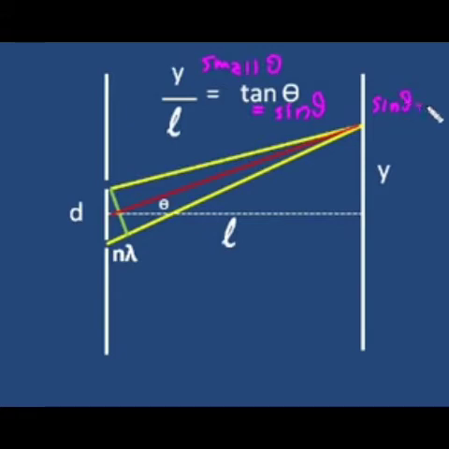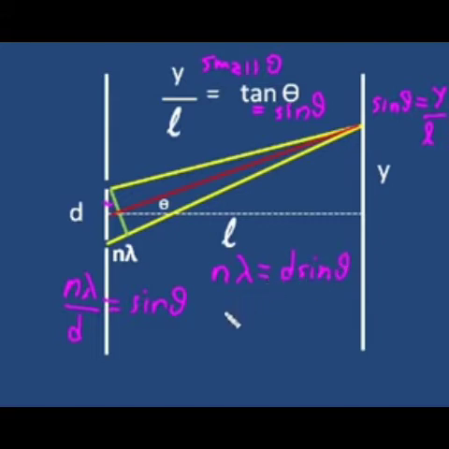So what I can actually say is the sine of theta is y divided by L. Now what that means is there's theta right there, that little check mark I put in purple, and I can say n lambda over d, opposite over hypotenuse, is equal to the sine of theta. And therefore, I can say n lambda is equal to d sine theta, and that's one of the very important formulas.